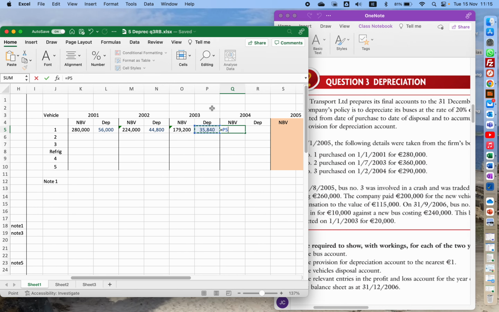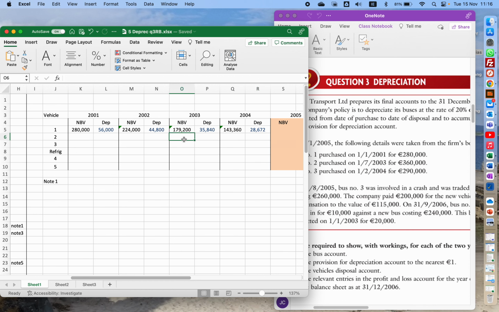So net book value for next year is 179, take away that, and depreciation is 143 times 20%. So I'm only doing now, I'm trying to work out note 1, all the depreciation up to 2005, because we're doing it for 2005. The second one was bought on the 1st of 7, 2003 for 360.